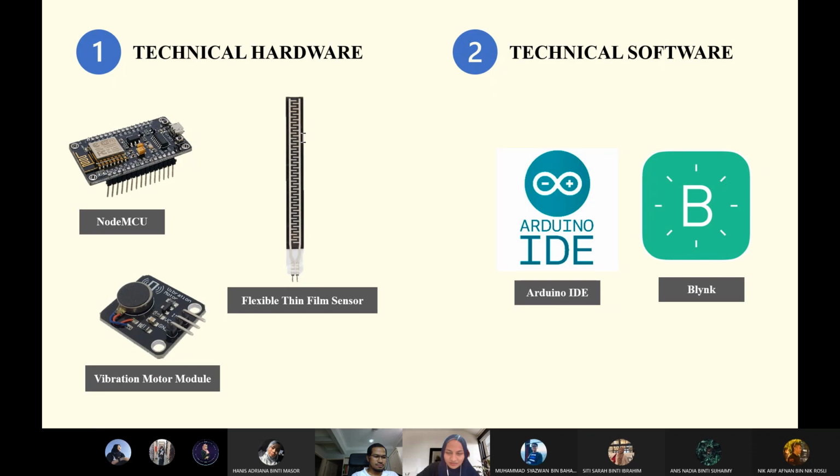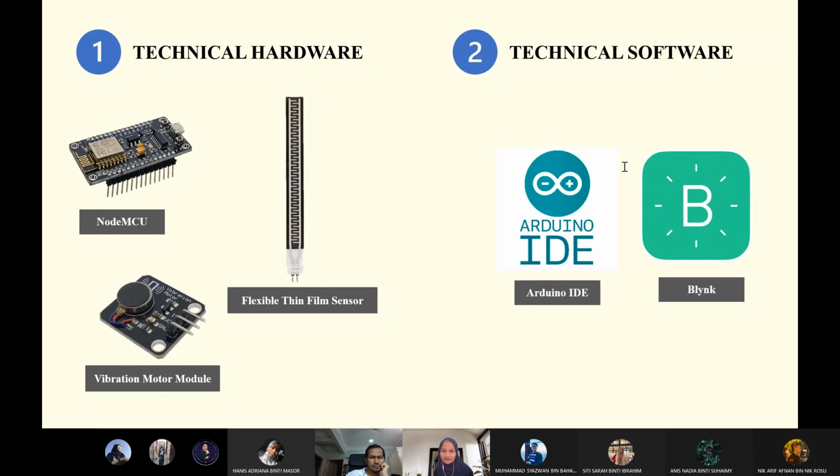By using this Node MCU, it makes the device more convenient and versatile. As for the flight sensor, it senses any slouches that occur on the neck, where the resistance will change and the corresponding change in the output will occur. For the vibration motor, it will excite to remind whenever the user exceeds the tilt limit.